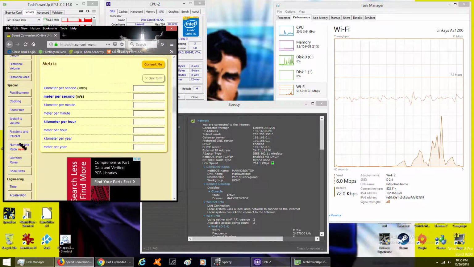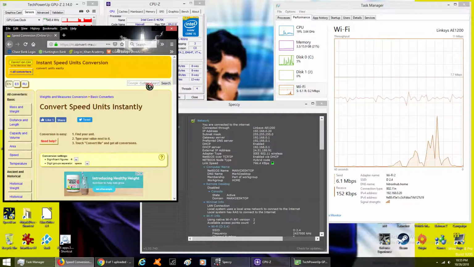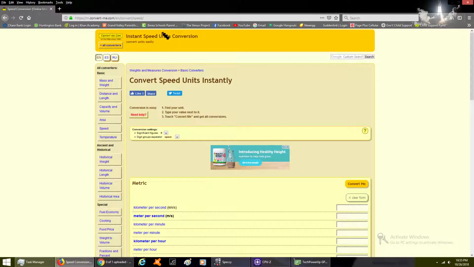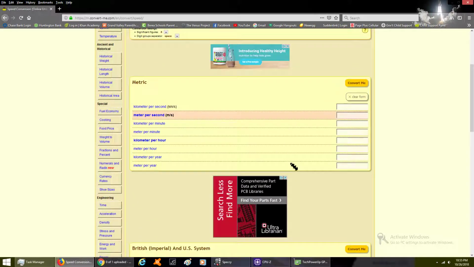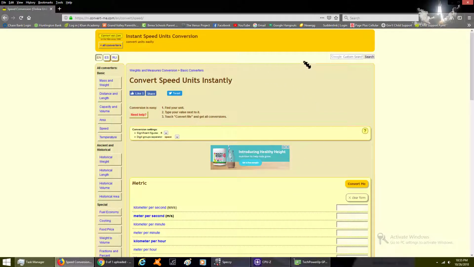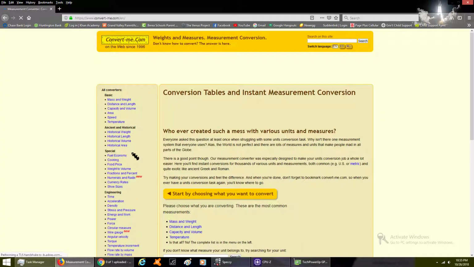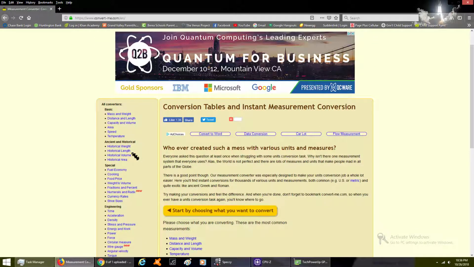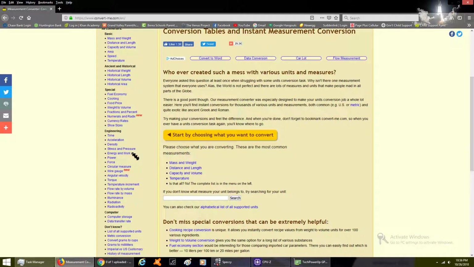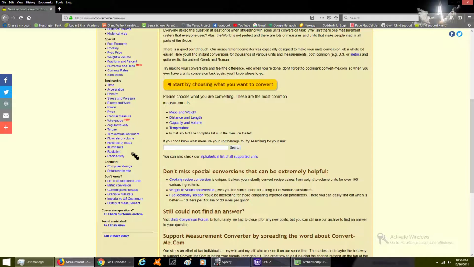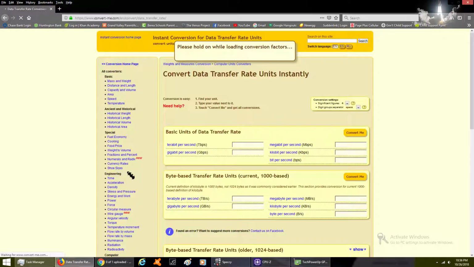I think I need to do this. I'm sorry, I don't have this set to go here. Let's see here. Special, temperature, fuel economy, engineering, computer transfer rate.